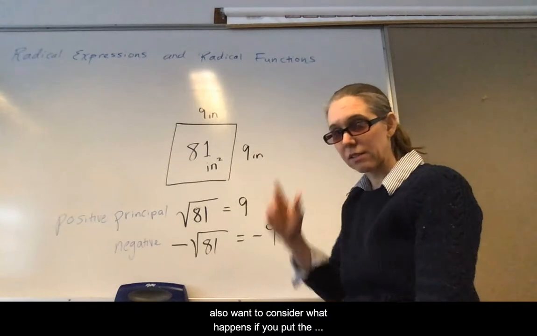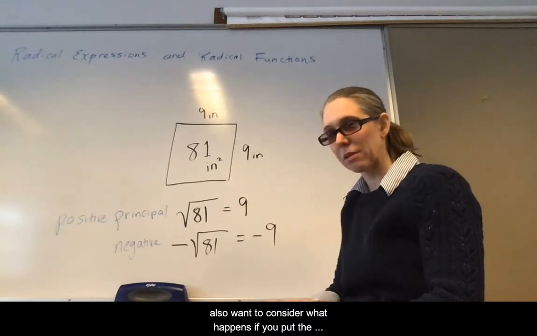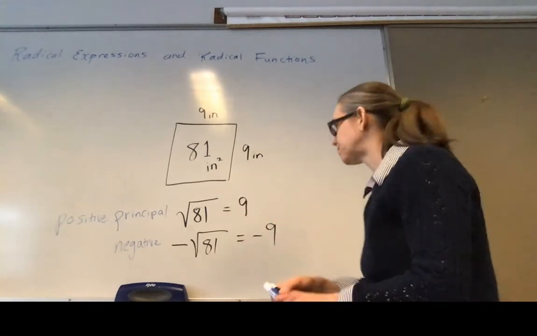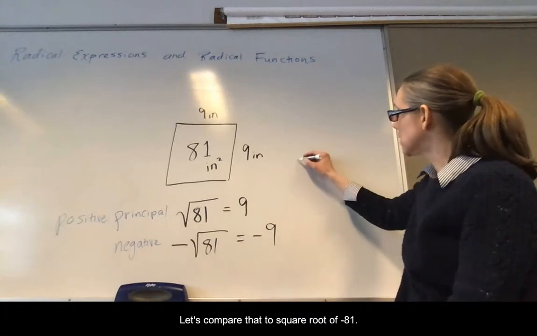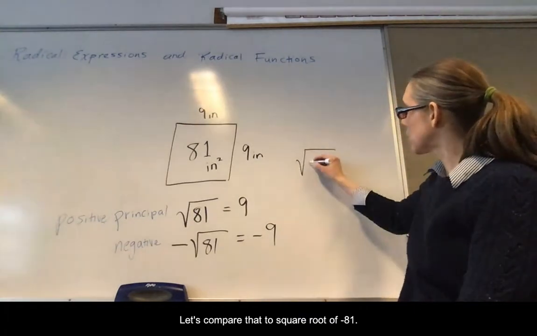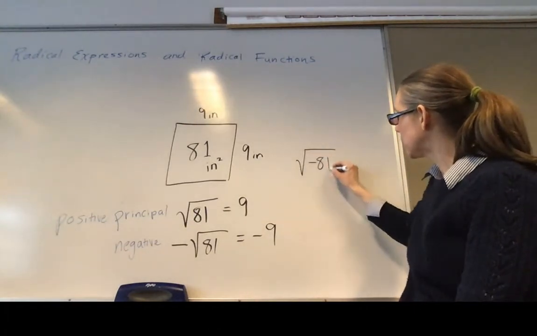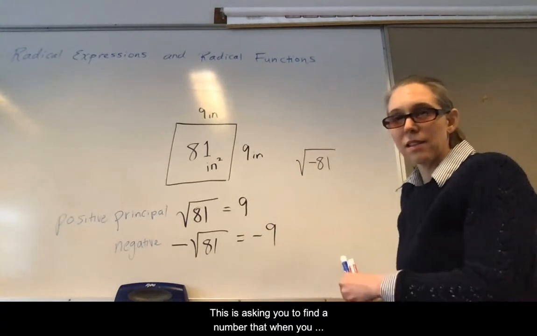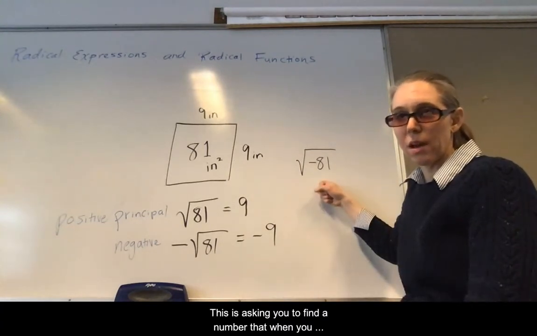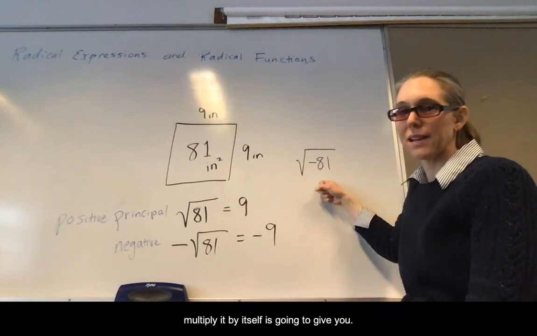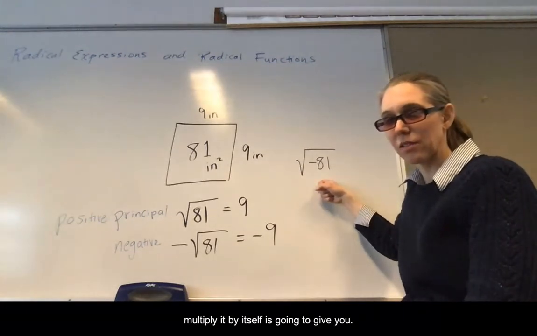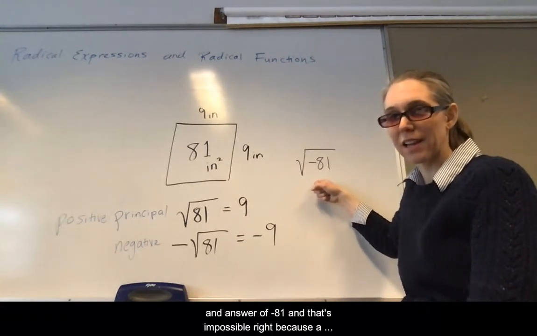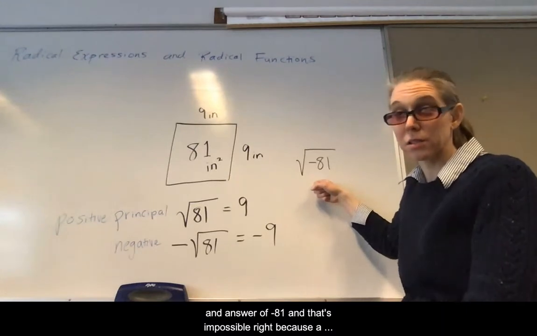And that's pretty easy stuff, but we also want to consider what happens if you put the negative inside, okay? So let's compare that to the square root of negative 81. This is asking you to find a number that when you multiply it by itself is going to give you an answer of negative 81. And that's impossible, right?